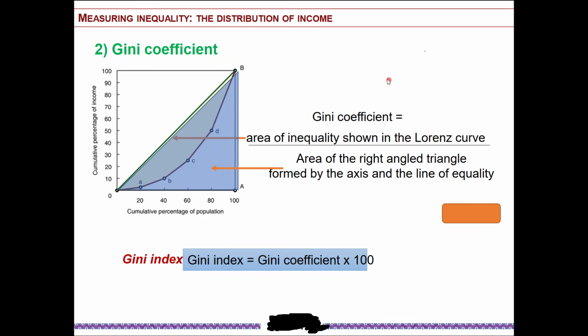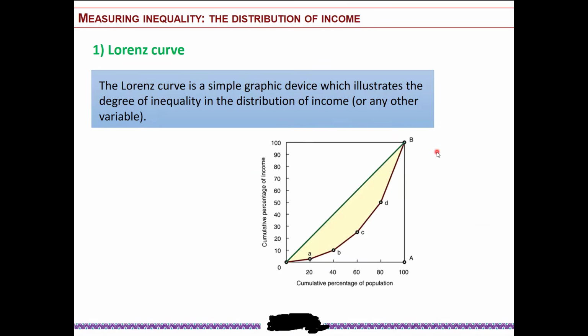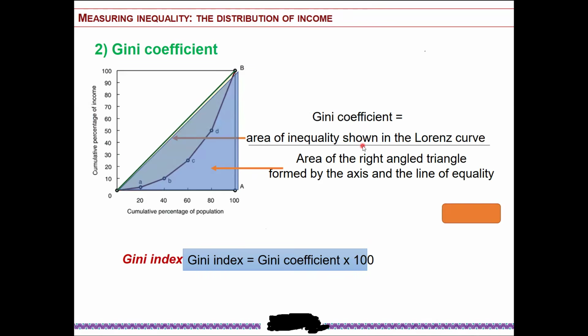But if the answer you get is 0.7 and above, or 1, you just have to know what this line is for, be able to calculate the Gini coefficient, and be able to interpret the answer you get. So if it's 0.4 and below, it means there's a low degree of inequality, but if it's 0.6 and above, it means there's a high degree of inequality.